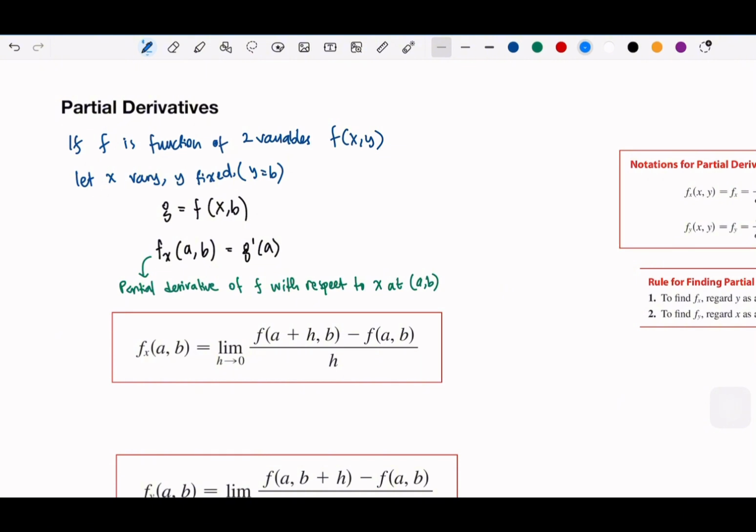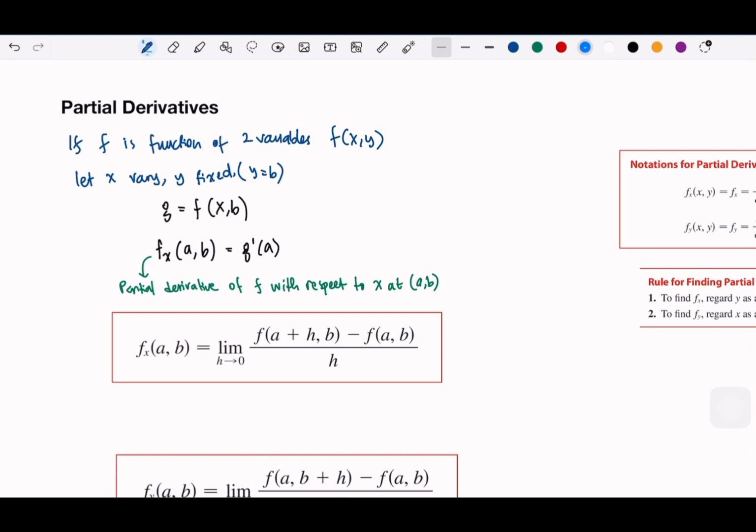Okay. So today's class, I would like just to continue what we have been doing so far in partial derivatives. So this is actually the limit definition of partial derivative that we are going to elaborate and discuss.